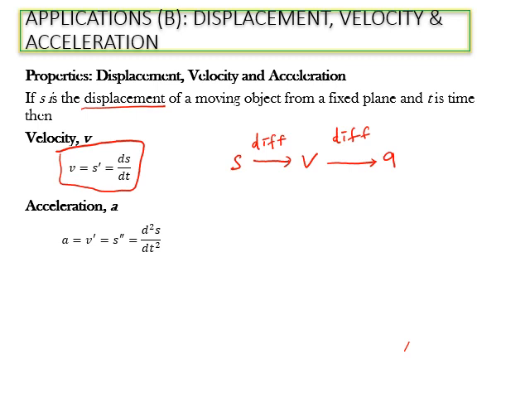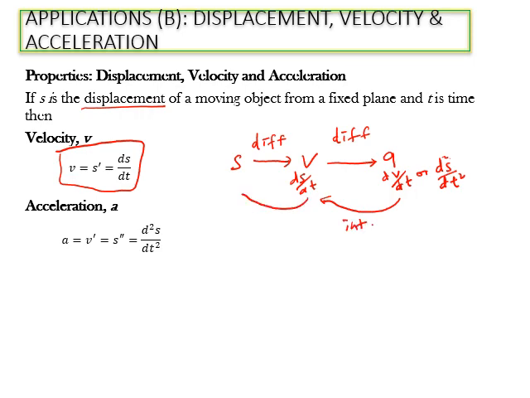So this is ds over dt, this is dv over dt, or d squared s over dt squared, meaning we differentiate S two times. If you want to go back, if you want to get v from a, we need to integrate.